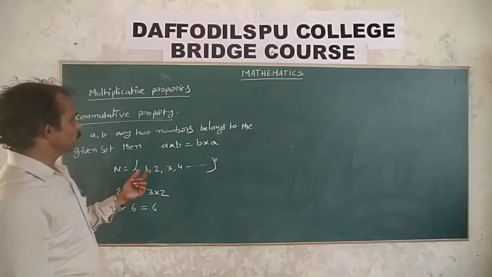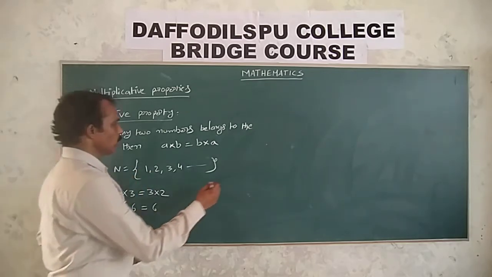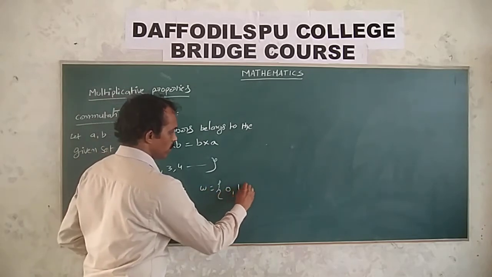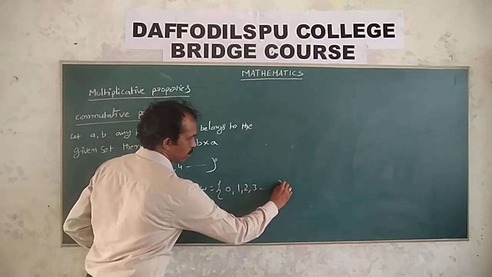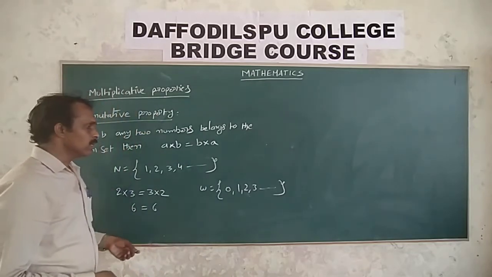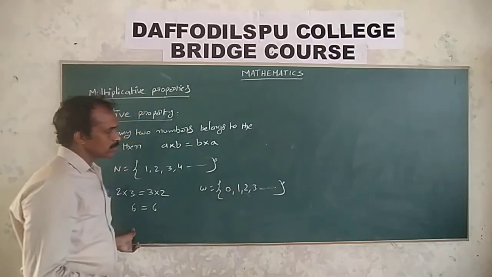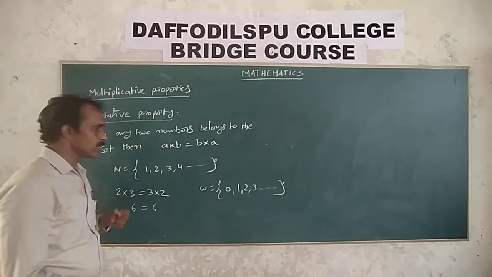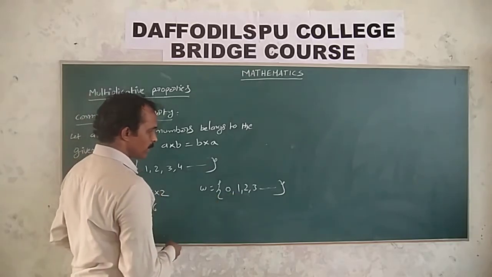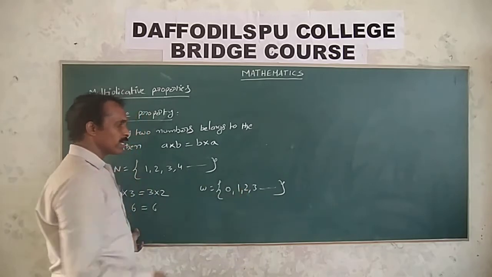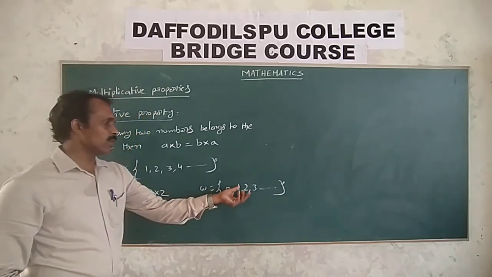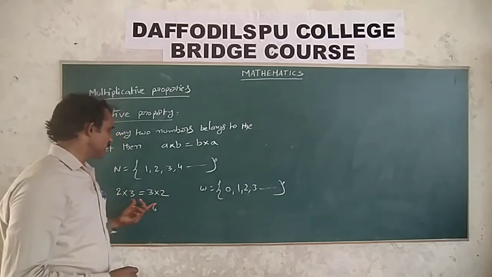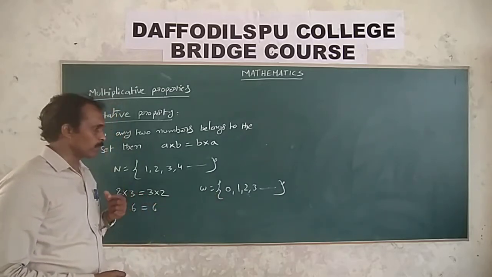If we take whole numbers, what are whole numbers? The whole number set is 0, 1, 2, 3 and so on. Consider 0, which does not belong to natural numbers. So for whole numbers, either 0 into another number, or 2 comma 3 or 4 comma 5, any one satisfies this commutative property.